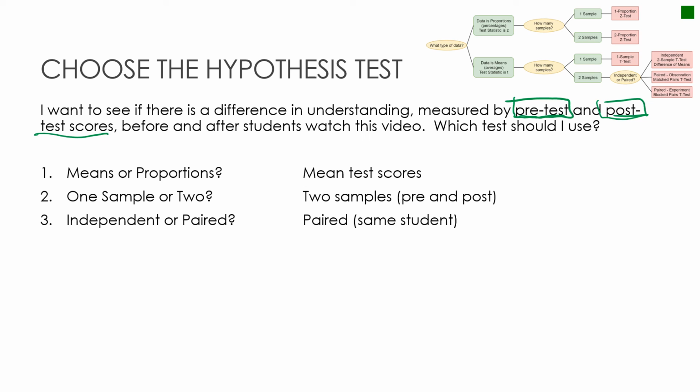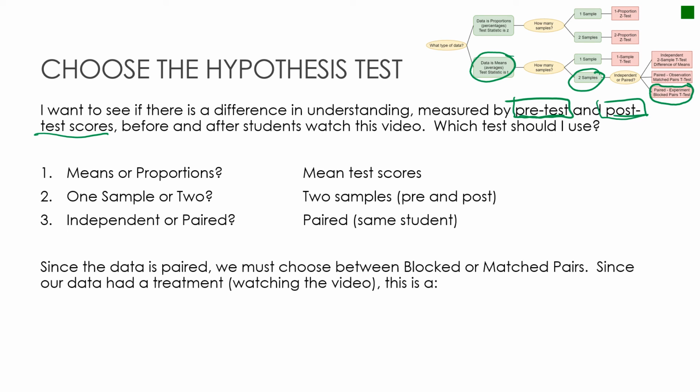I'm just saying which test should be chosen. So again, I've got a t-test, I've got two samples, and they are paired. Then whether it's an observation or experiment: an experiment, as we know, means that some treatment has been applied. I should have chosen between the blocked and matched pairs, and because we had a treatment of the video, it is considered blocked pairs. Blocked pairs t-test.